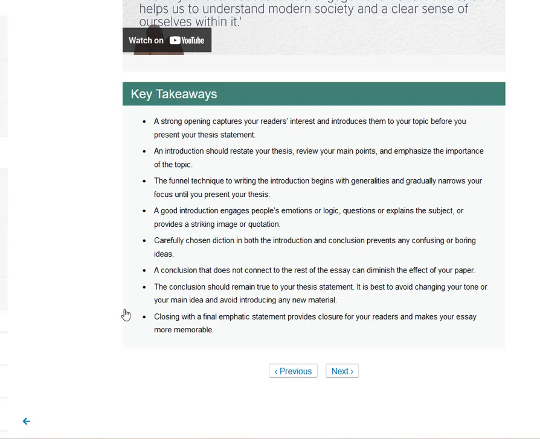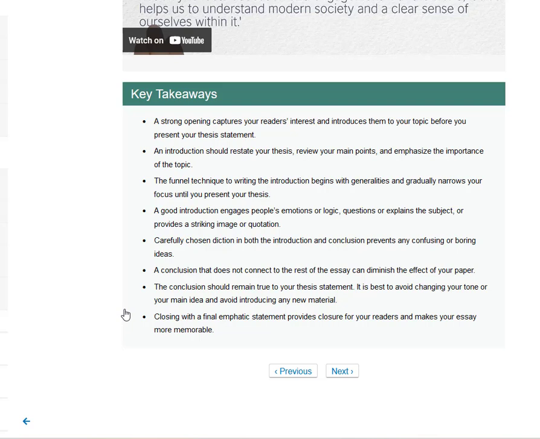A good introduction engages people's emotions or logic, questions or explains the subject, or provides a striking image or quotation. Carefully chosen diction in both the introduction and conclusion prevents any confusing or boring ideas.